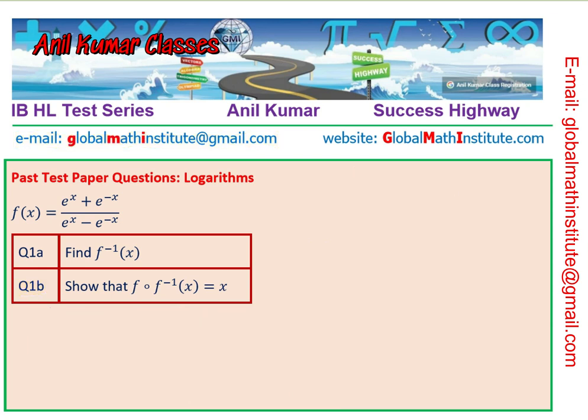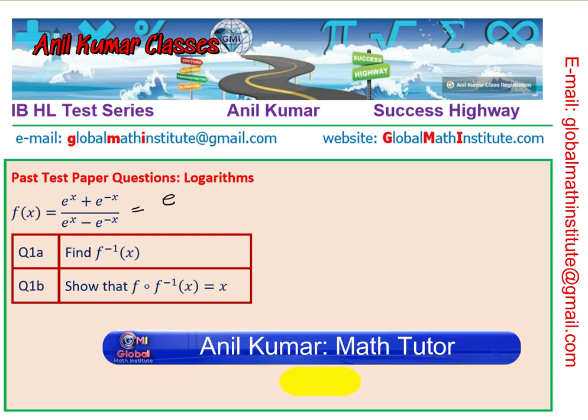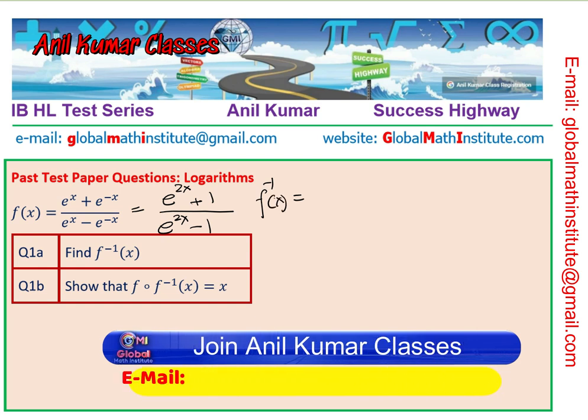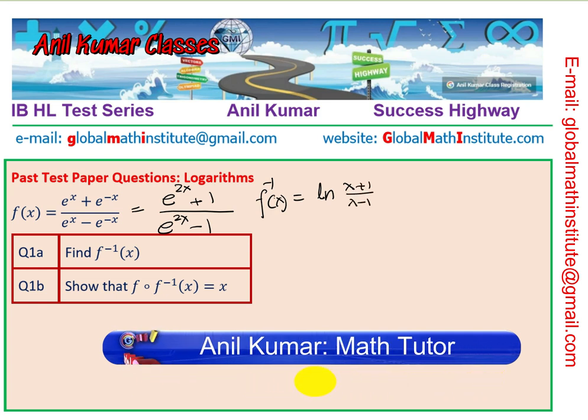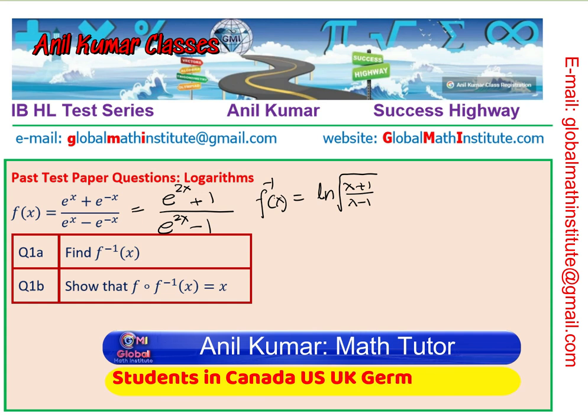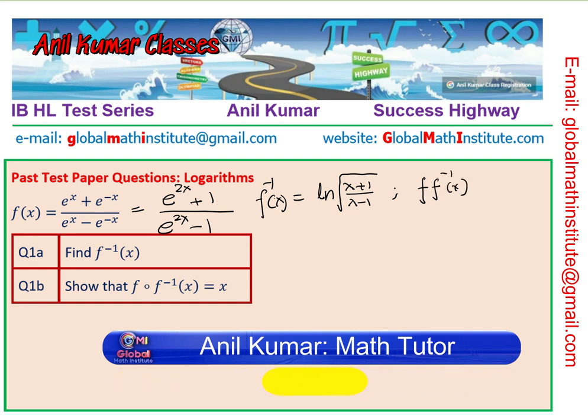So what we have is f of x is e to the power of 2x plus 1 over e to the power of 2x minus 1, and f inverse x as ln of the square root of x plus 1 over x minus 1, right? That is what we have. And now we are going to find f of f inverse x, correct?